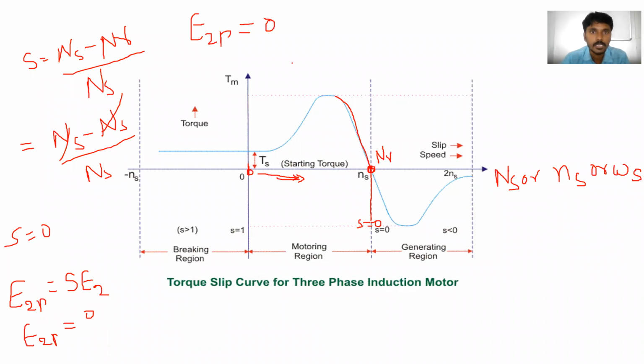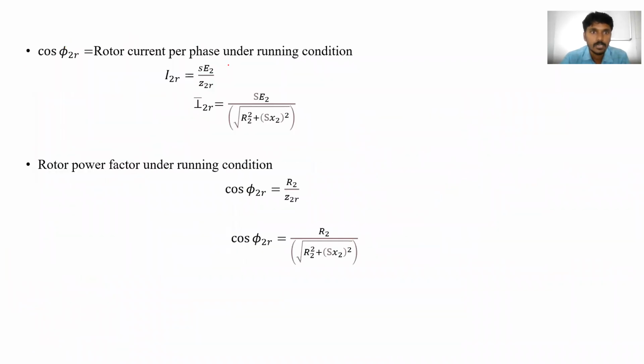Then what will happen? We know the formula for I2R, the rotor current under the running condition: I2R is equal to S into E2R divided by the square root of R2 square plus (S into X2) square.